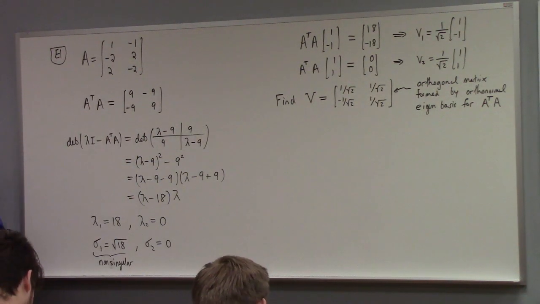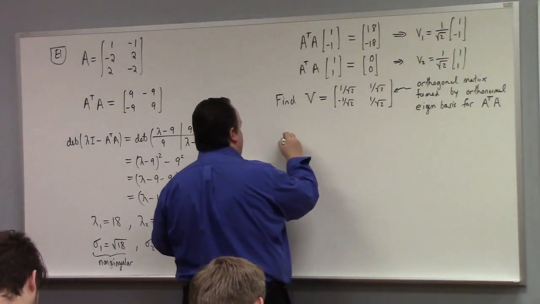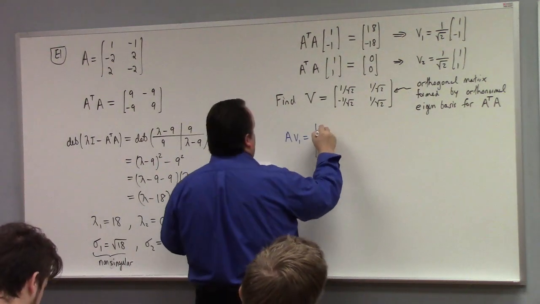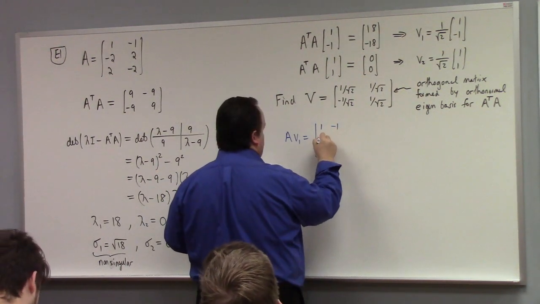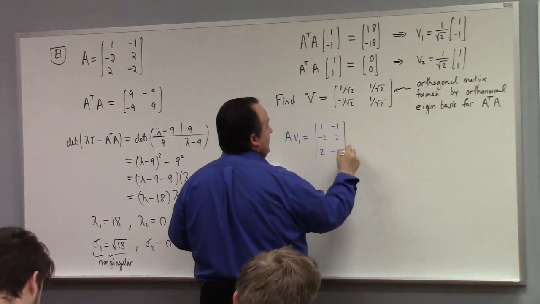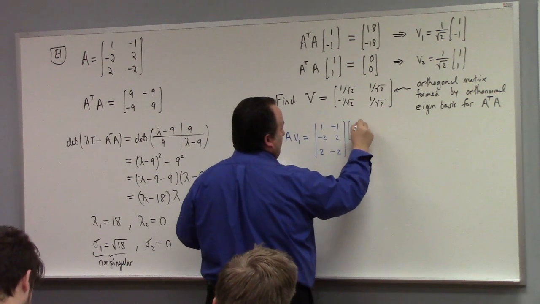Well, so then we calculate AV1. So AV1 here is the matrix 1, minus 1, minus 2, 2, 2, minus 2, and I'm multiplying that by 1, minus 1.